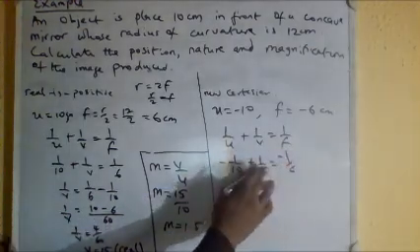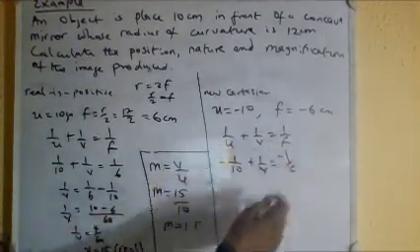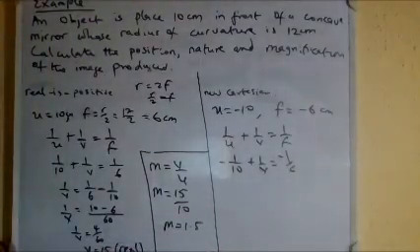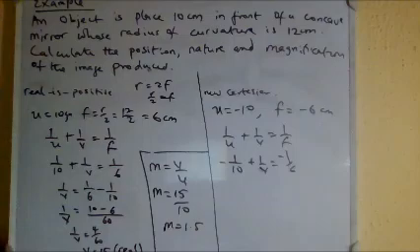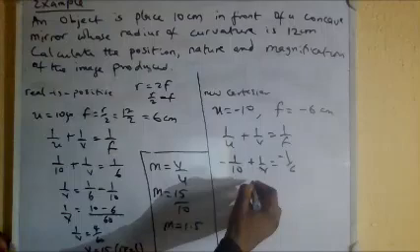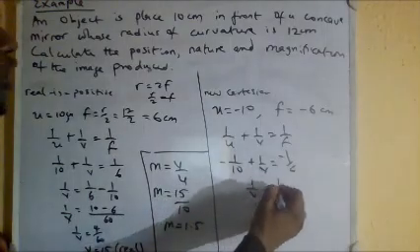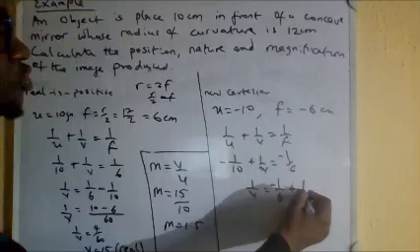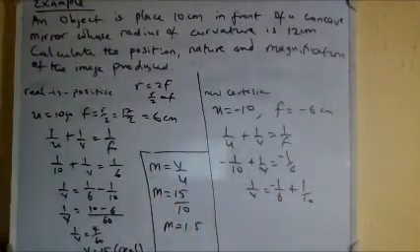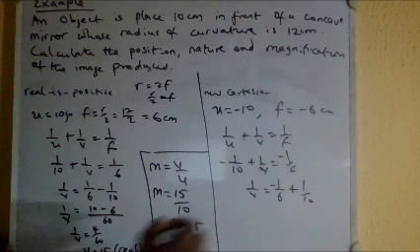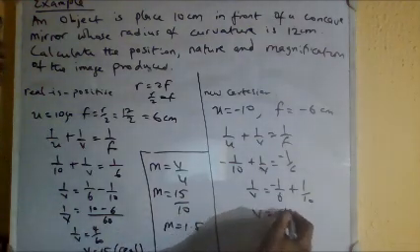So I can say 1 over V is equal to minus 1 over 6 plus 1 over 10. That's it. By the time I am done, I get V as minus 15 cm.